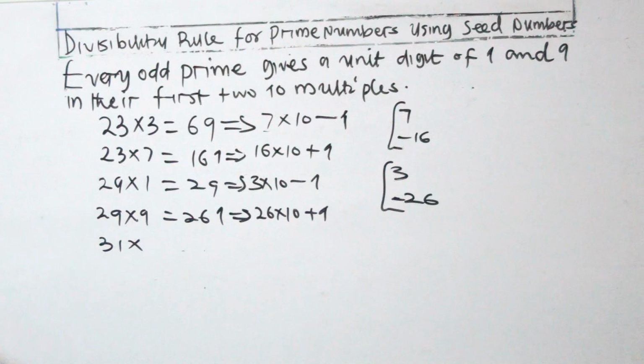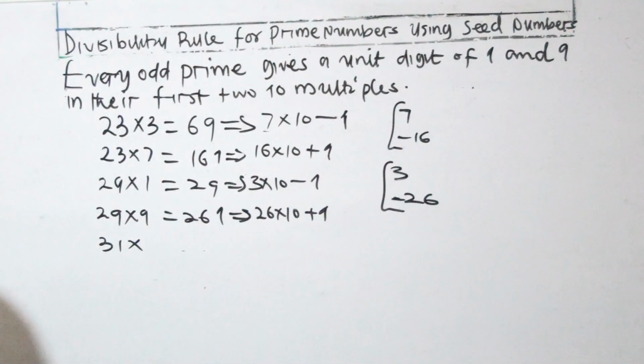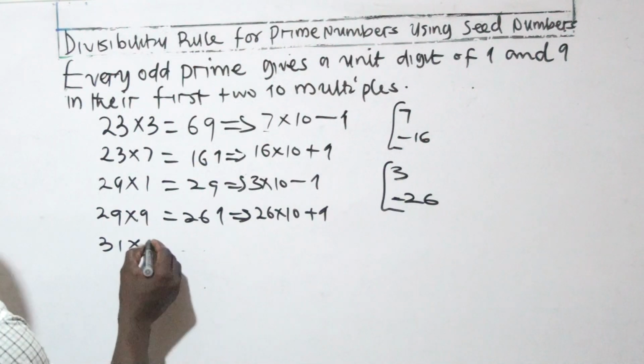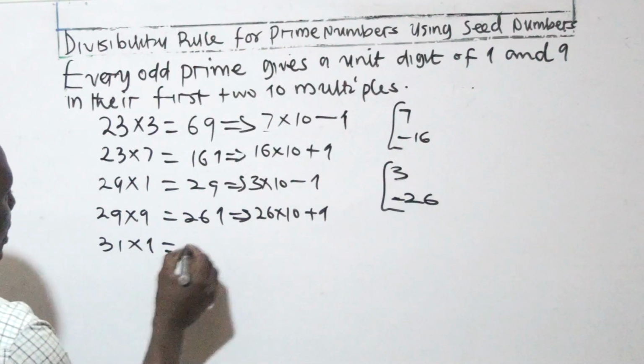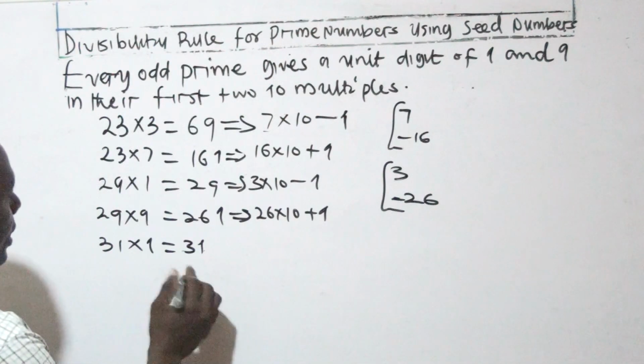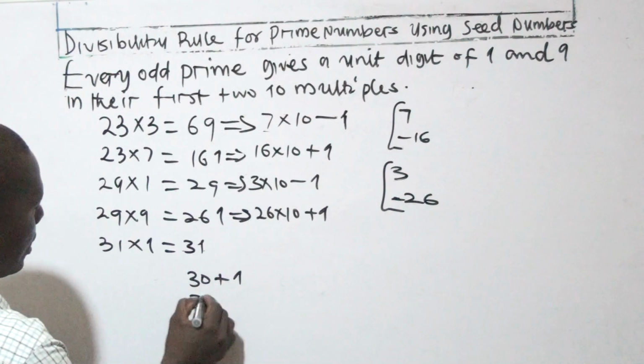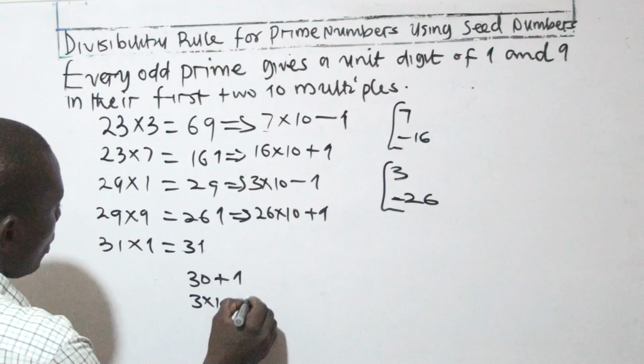Now the last one we're going to look at here is 31, a prime number. 31 times 1 will make the unit digit become 1. Our 31 is the same thing as 30 plus 1, which is 3 times 10 plus 1.